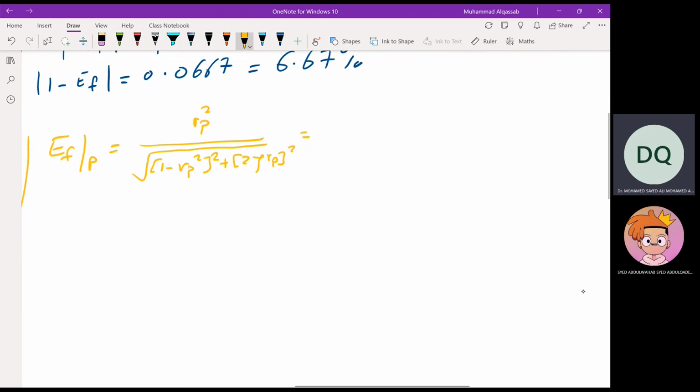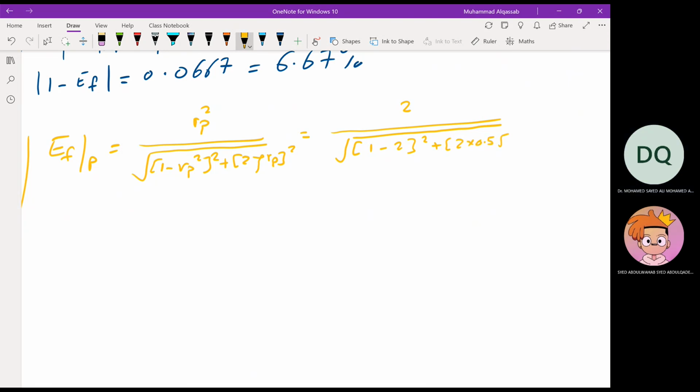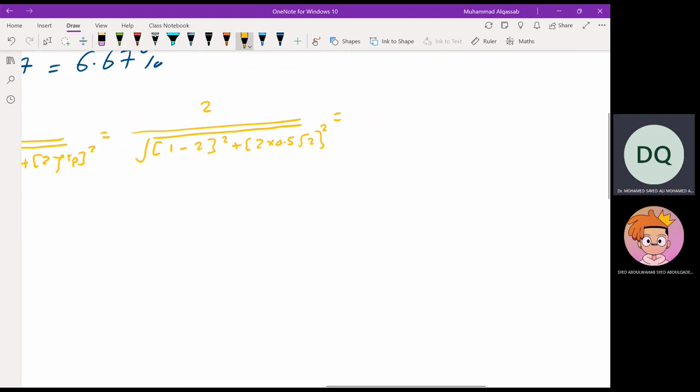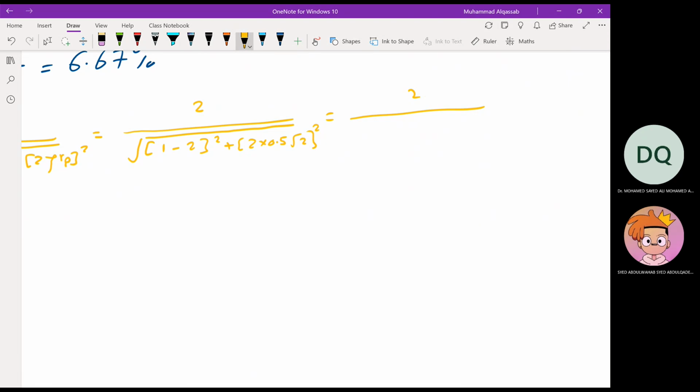We substitute for r peak, which is square root of 2, so this is 2 divided by square root of 1 minus 2, squared, plus 2 times 0.5 times square root of 2 squared. So this becomes 2 divided by 1 plus 2, which is 3. So this will be 2 over square root of 3.